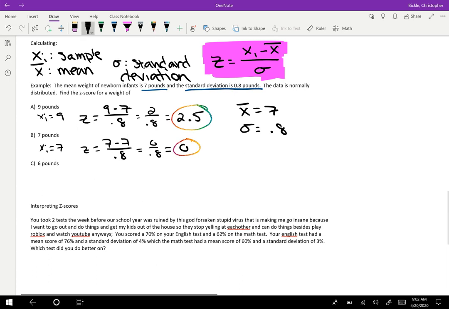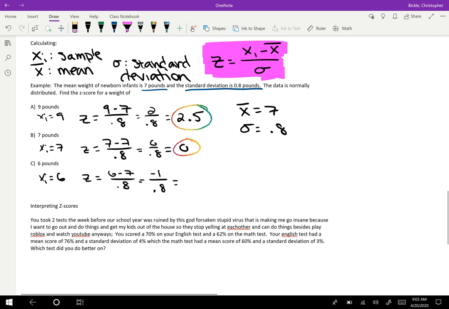Okay, last one, 6. So now our x sub i is 6. To find the z-score, we're going to do 6 minus 7, minus the mean, divided by the standard deviation. 6 minus 7 is negative 1. Negative 1 divided by 0.8. Oh, actually, that's not right. I did the reciprocal.